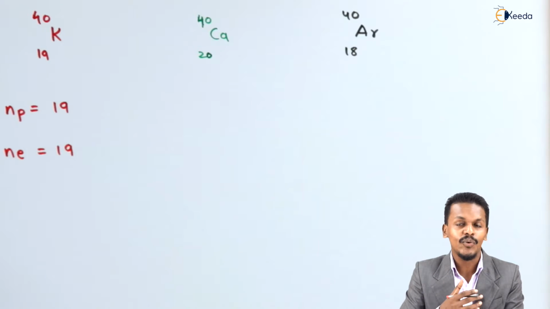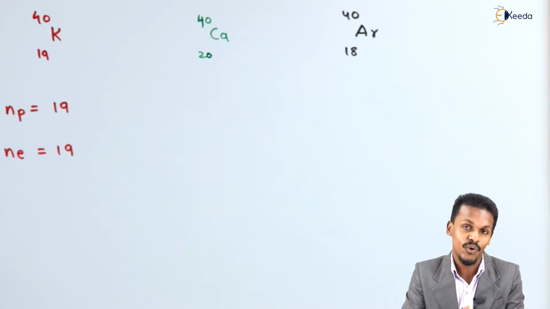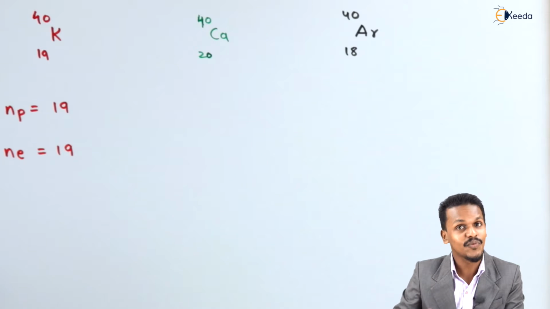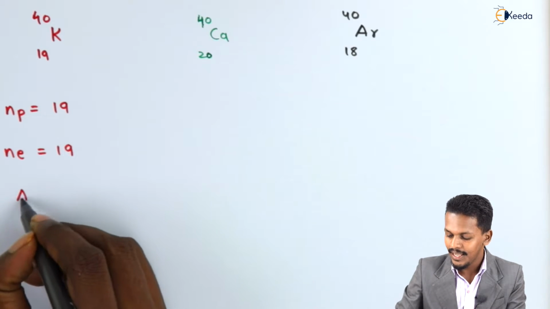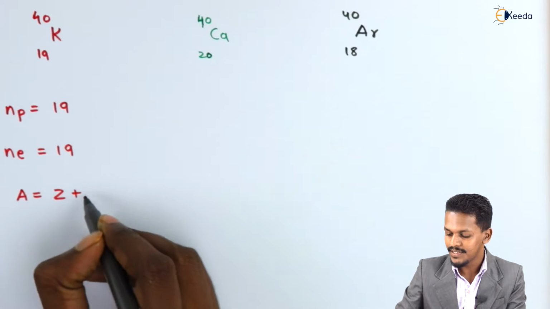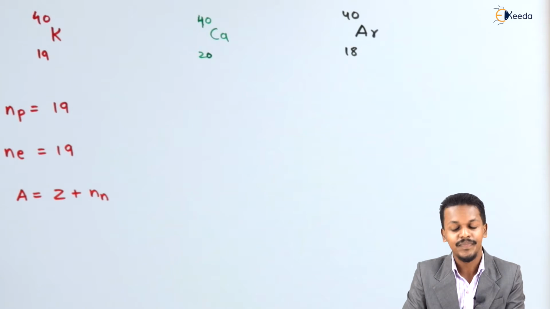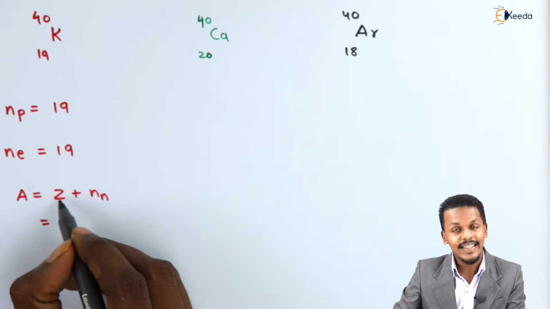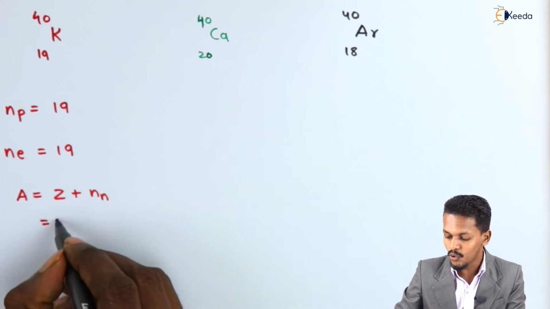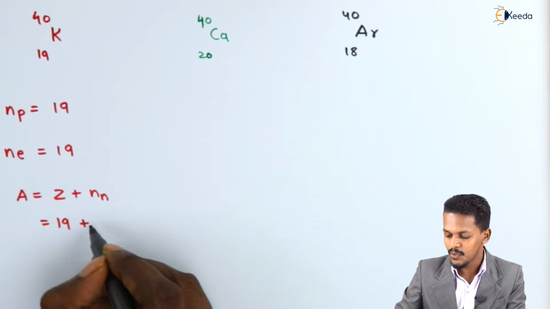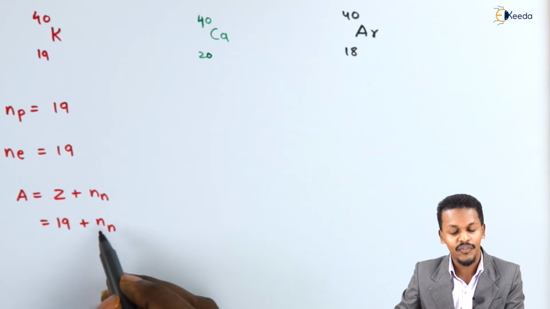But if we have to calculate the number of neutrons, we have a formula, which we discussed in the previous topic: A is equal to Z plus the number of neutrons. Here Z, the atomic number, which also represents the number of protons, is 19.